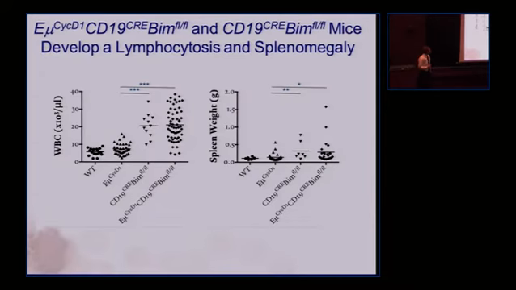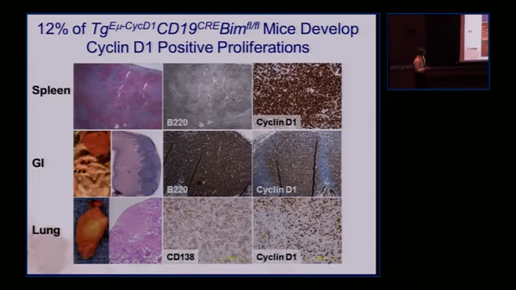So when we crossed these two lines together, we saw a similar lymphocytosis and splenomegaly within both the BIM conditional knockout and the transgenic knockout lines compared to the wild type and the transgene alone, but not much difference between these two. However, when we looked morphologically, we saw, only within these mice, rare instances of cyclin D1 positive hematopoietic proliferations.